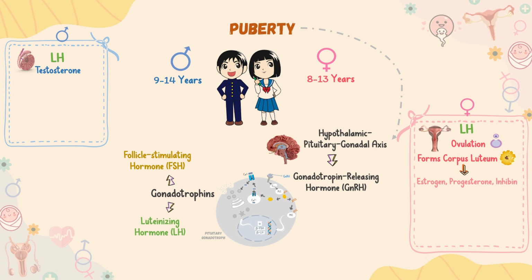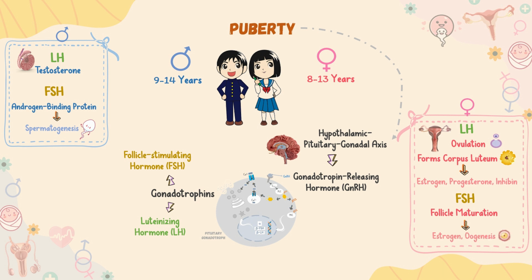On the other hand, the follicle-stimulating hormone causes the release of androgen-binding protein, which combines with testosterone and helps in spermatogenesis, while in females, the follicle-stimulating hormone causes the maturation of follicles, converting primary follicles into secondary follicles, thus causing an increased estrogen synthesis and oogenesis.